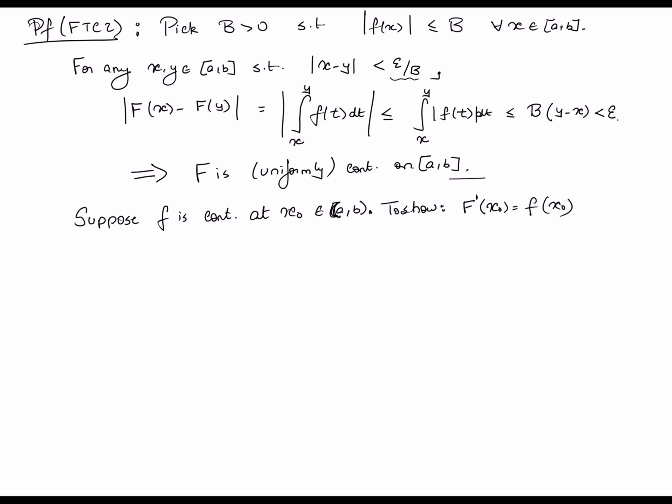For this, we are going to look at the derivative of capital F at x0. Okay, so the way we are going to do this is to first say that for x not equal to x0, I can write this object, capital F of x minus capital F at x0 upon x minus x0, as follows.